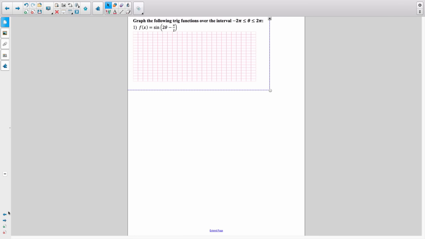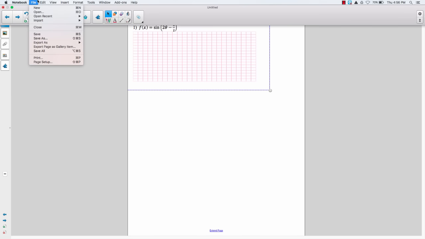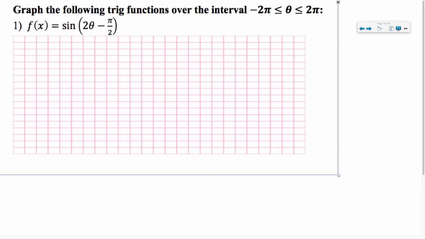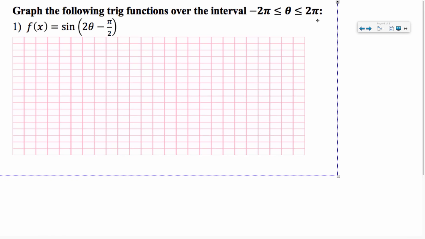Okay, cool. So this is the fun part. Let's graph this stuff. I think I should go to full screen. Cool, much better, right? Now, graphing. For this video, I'm going to do an interval of -2 pi to +2 pi.